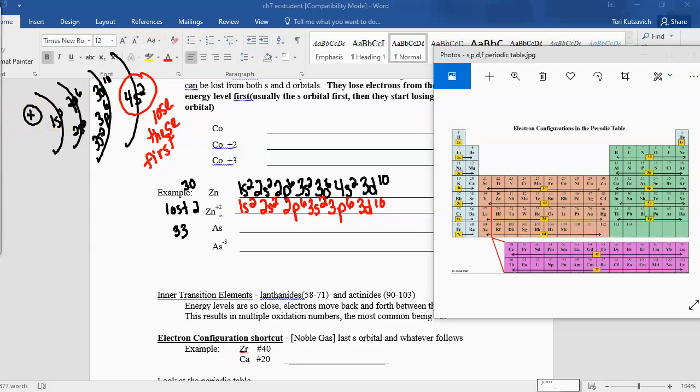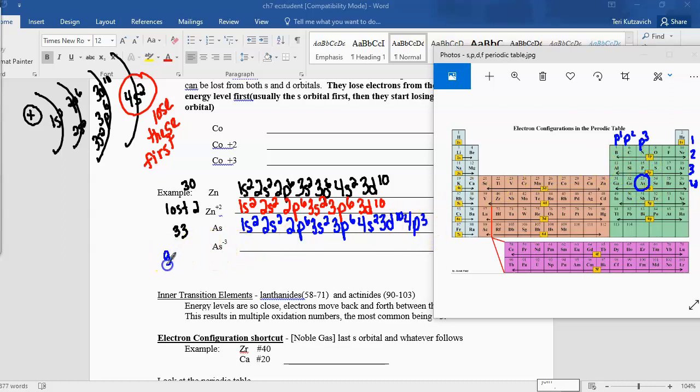Arsenic would be a little bit different. So arsenic is 1s2, 2s2, 2p6, 3s2, 3p6, 4s2, 3d10, 4p3. And you knew right here that it was going to end 1, 2, 3, 4, p1, p2, p3. Like you could tell right away that it was going to end in a 4p3.